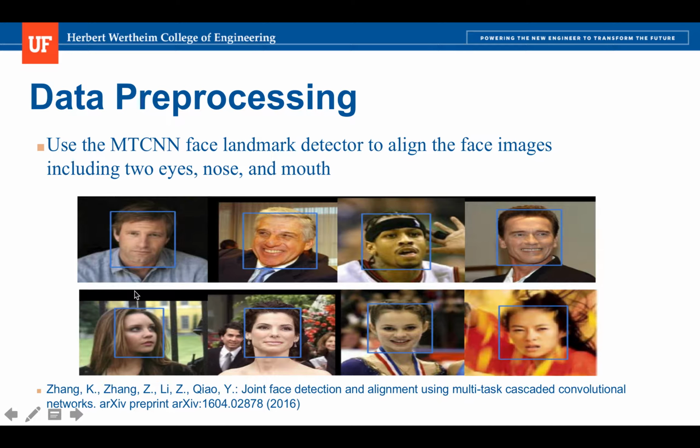As you see here, the blue box is the alignment result. In the training stage, we use these cropped images as our training data. When we do the testing, for each test image we also do alignment, then use the aligned image as the testing input.